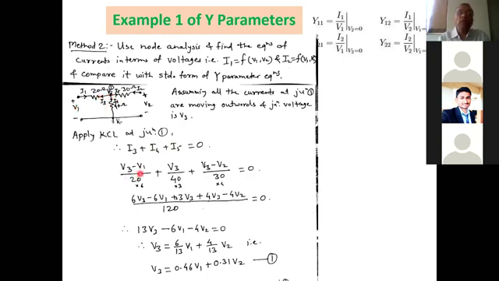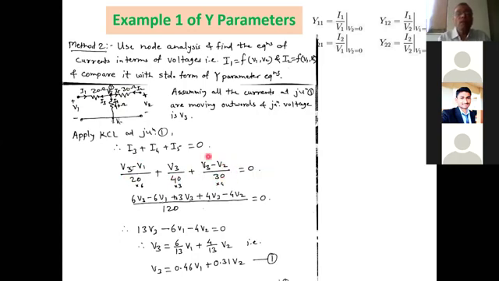I4 you can calculate from V3 minus this reference voltage, which we have considered as 0 volt, so V3 minus 0 upon 40. So that is V3 by 40 plus I5, which is V3 minus V2 upon 30, equal to 0.